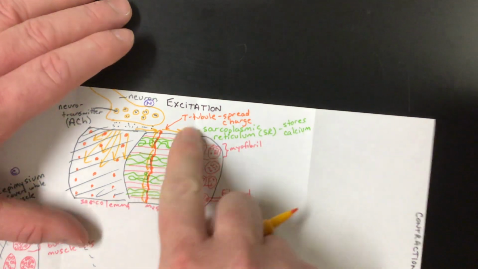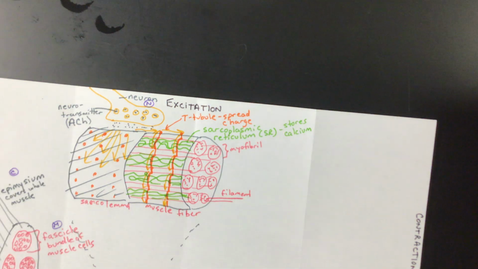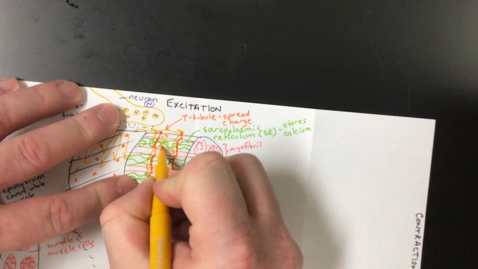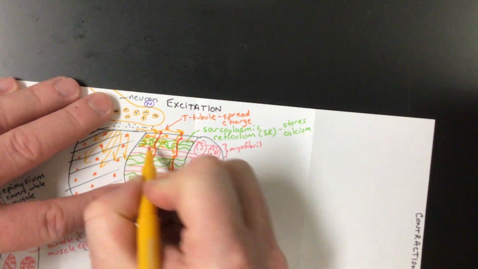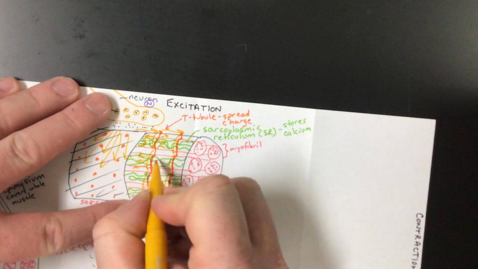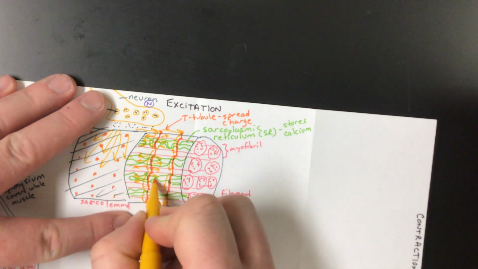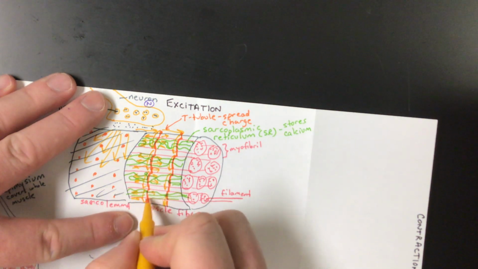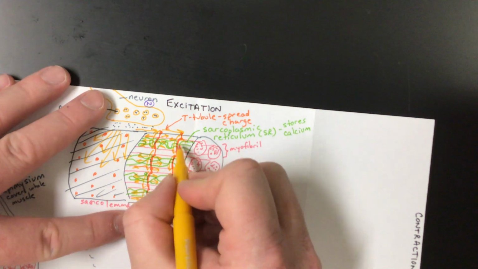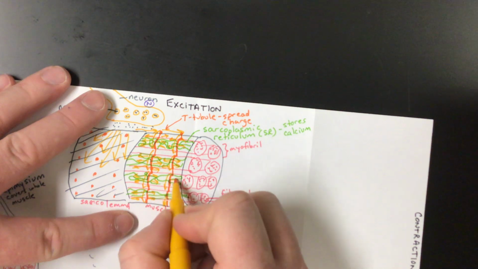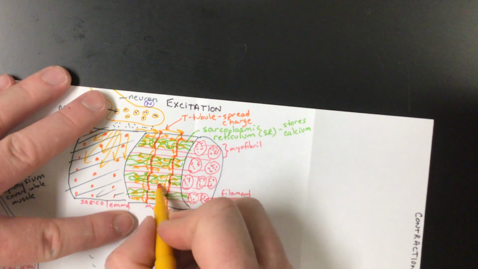So this yellow is now representing the electric signal from the neuron. And then the T tubules make sure that the signal spreads inside and gets to the sarcoplasmic reticulum. And there's so much T tubules and sarcoplasmic reticulum so that this charge can spread really, really rapidly.